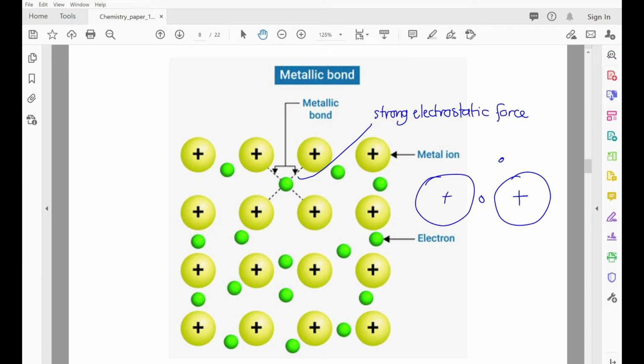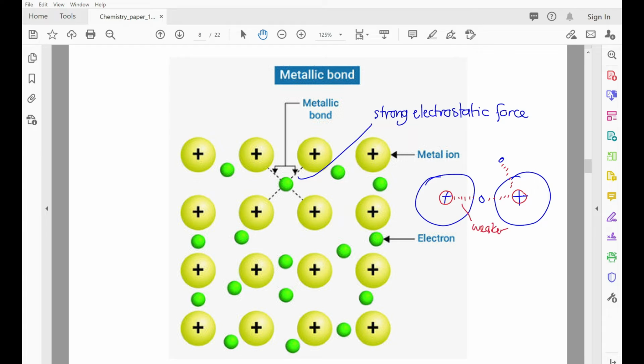Actually, it's the nucleus of the cation that is attracted to these electrons, right? Because nuclei are positively charged and the electrons are negatively charged. So if the ionic radius is larger, there is more distance between the nucleus and the sea of electrons, and the attraction is now weaker.